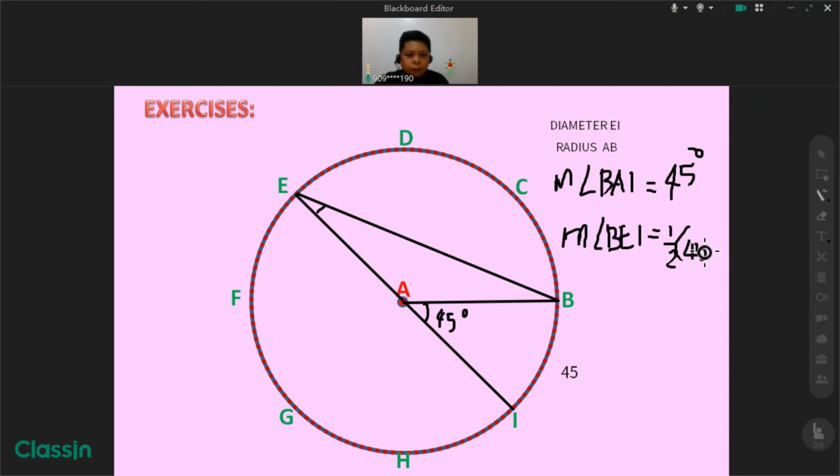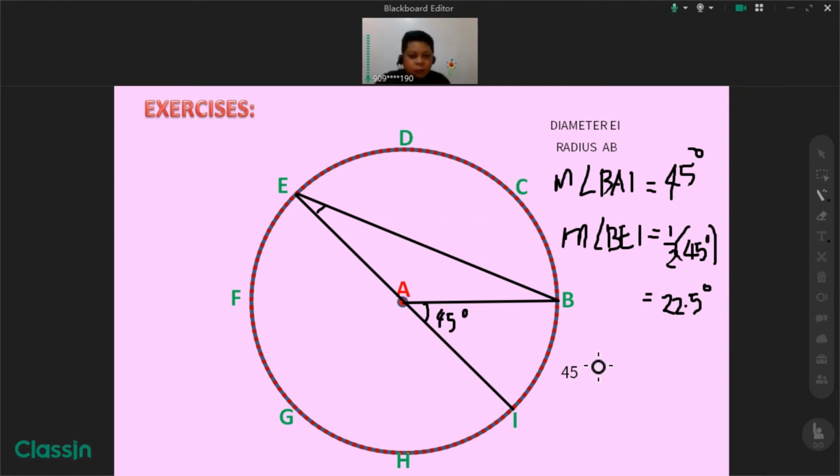And what is one half of 45 degrees? So the measure of angle BEI is 22.5 degrees.